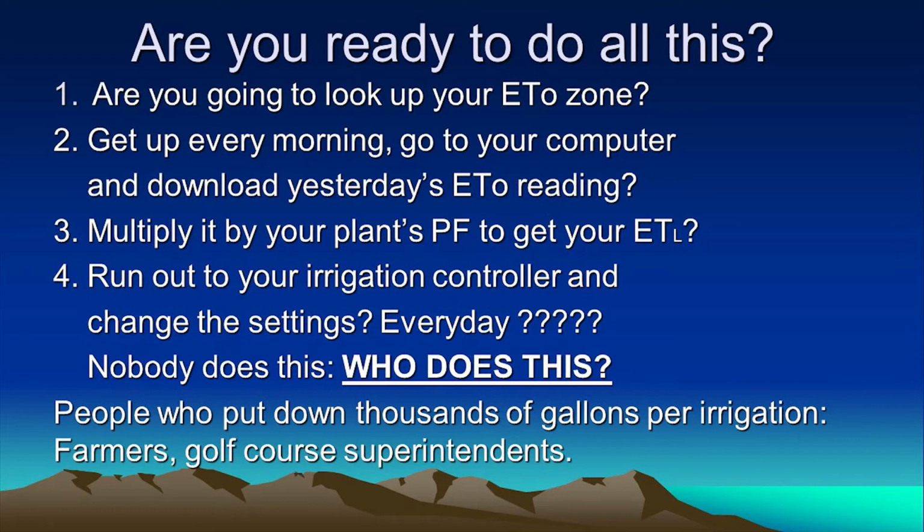Then run out to your irrigation controller and change the settings every day. That's called chasing ET. Every day. Who does this? Nobody does this. I don't do that kind of thing.